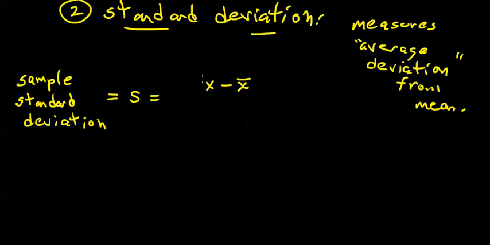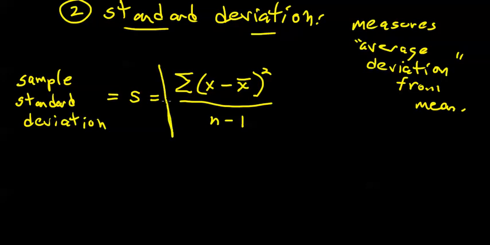Right. Take those differences from the mean and square them. Add up those squares. Divide by little n minus 1, your sample size minus 1, and then take the square root of this entire expression. Alright, that is your sample standard deviation.